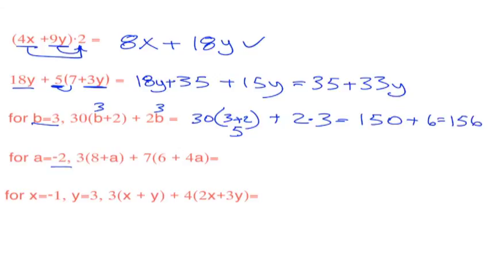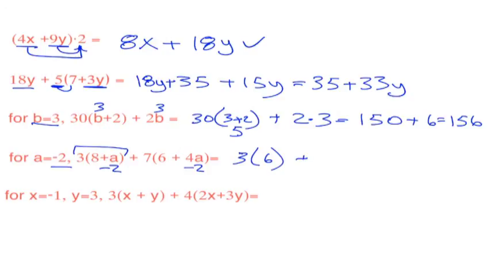Now, on the next one, we know that a is equal to negative 2. The ACT loves negative numbers. So we want to make sure we get these right. We're going to plug in a negative 2 here, and we're going to plug in a negative 2 here. So 8 minus 2 is 6, so I end up with a 3 times 6 for the first part. That covers this.